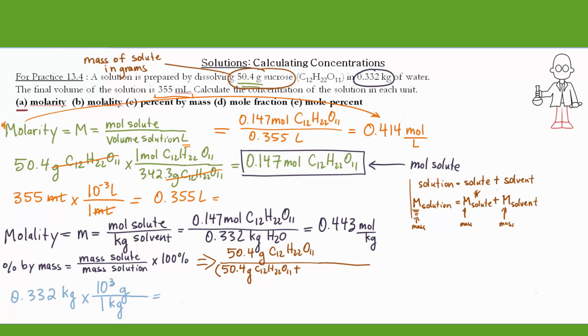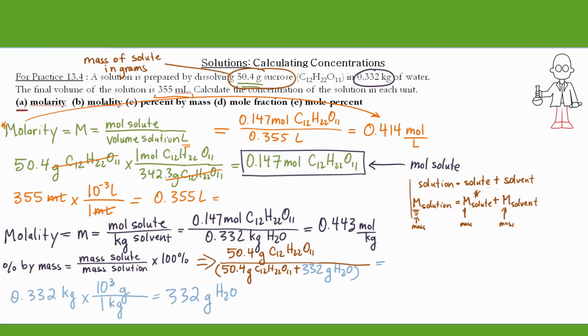So the mass of the solvent becomes 332 grams of H2O.